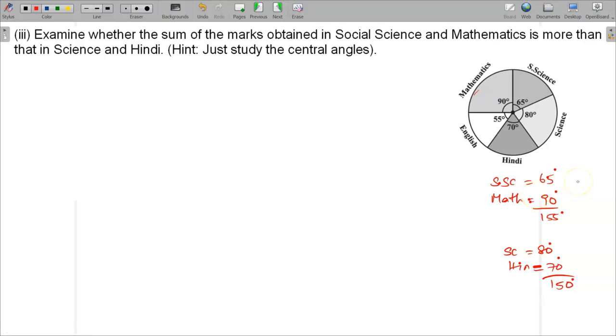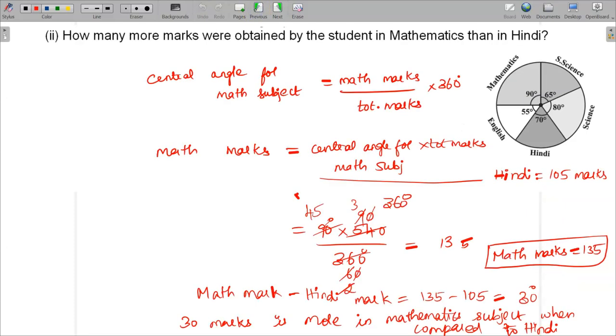So let me prove by using the marks also, okay. So in the previous slide itself we know that one particular mark in a subject, right, we can find out easily by multiplying the central angle for that particular subject into total marks divided by 360 degree, okay.